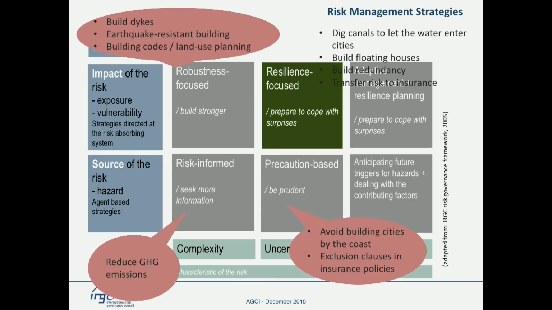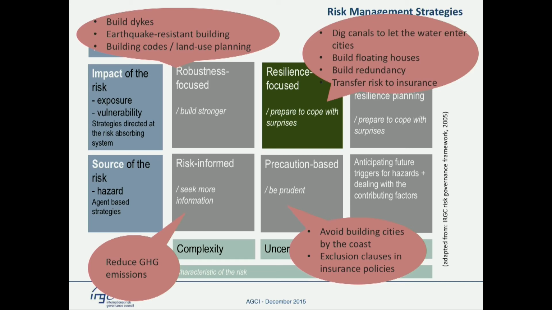Precaution-based strategies: avoiding building coastal cities or human settlements close to areas that may be flooded. Exclusion clauses in insurance policies are a very easy trick that insurance companies have to make people understand that there is a risk they are not prepared to insure, and this is regulation.